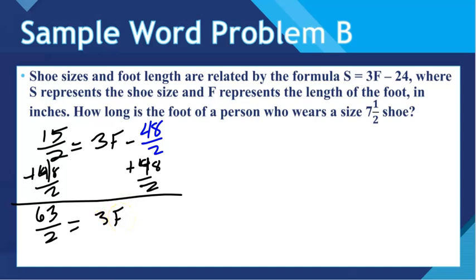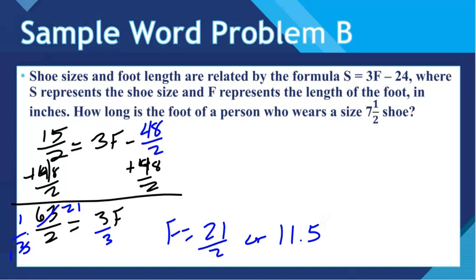Now to get F by itself, I'm dividing by 3, which is the same as multiplying by 1/3. And F is going to equal, I'm going to divide by 3 here, divide by 3 here, and that's 21. It's going to be 21 halves, or 11.5.